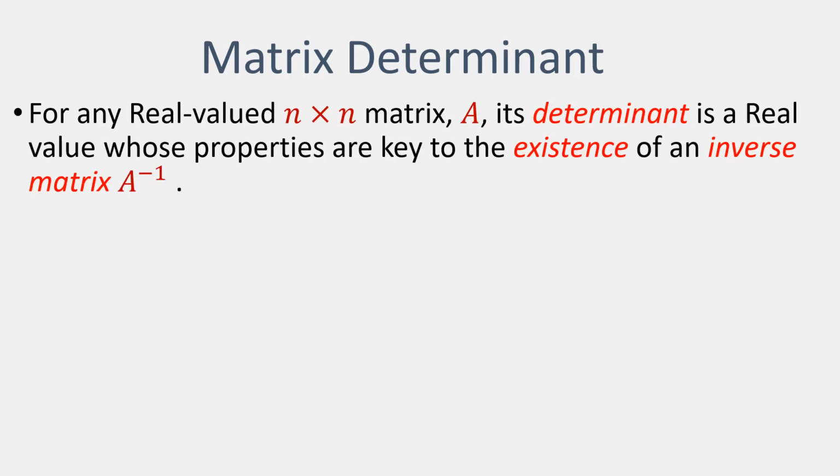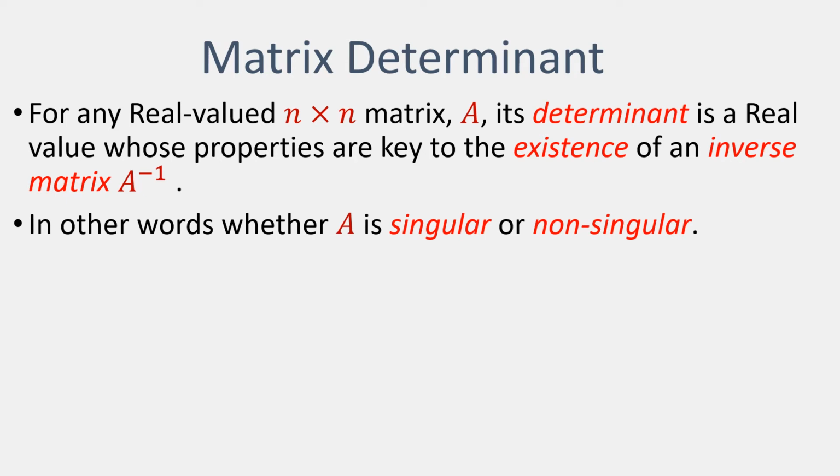What about this notion of a matrix determinant? If we take any real valued matrix, there is a real value called its determinant, and the properties of the determinant are central to the existence of an inverse matrix.